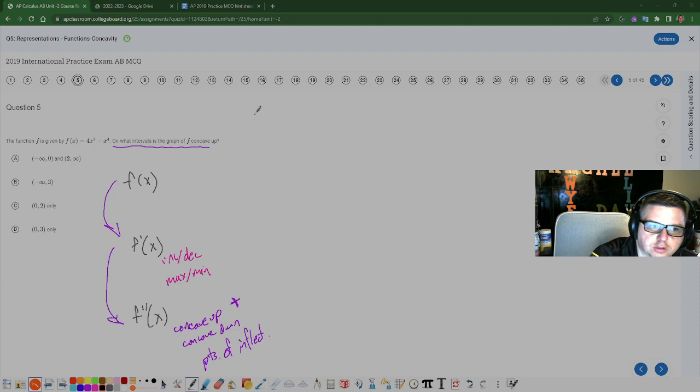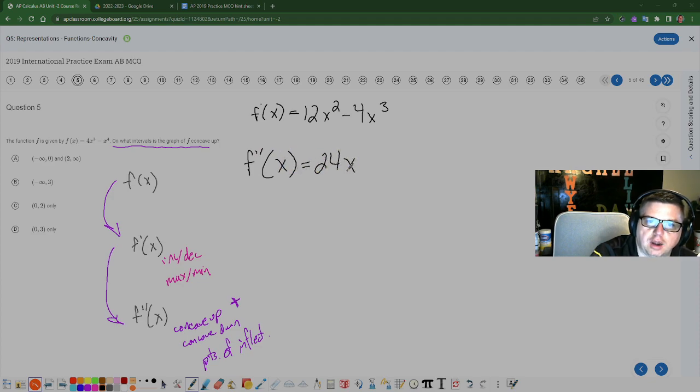We're going to take our function and we're going to take the derivative. And that's going to be 12x squared minus 4x to the 3rd. And then we're going to take the second derivative. And that's going to be 24x minus 12x squared. And we're going to take the 12 out. We're going to have 2x minus x squared.